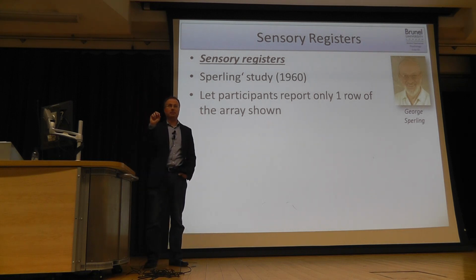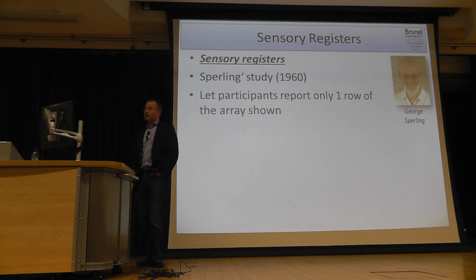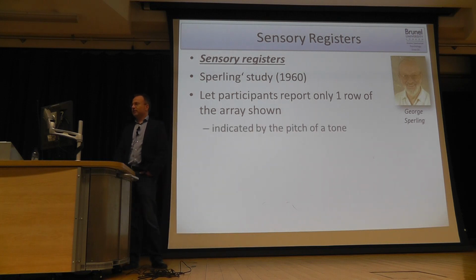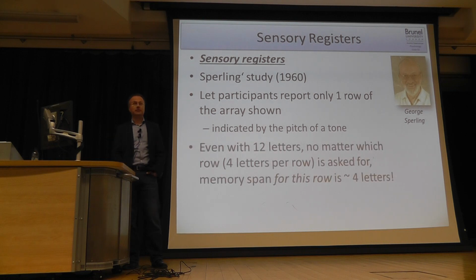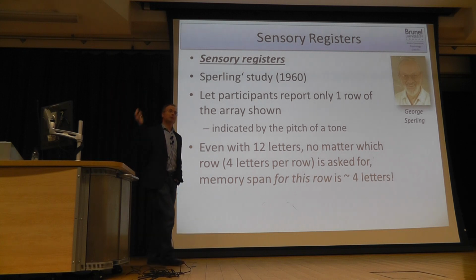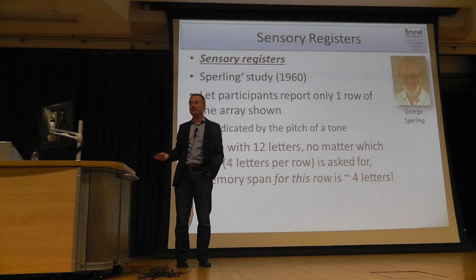That was indicated by the pitch of a beep presented after they had seen the array: top row, middle row, or bottom row. What he found is that participants for that row still could remember around 4 letters, no matter which row he indicated. So in a way, they were able to access each row, but then only able to report 4 letters in that row.